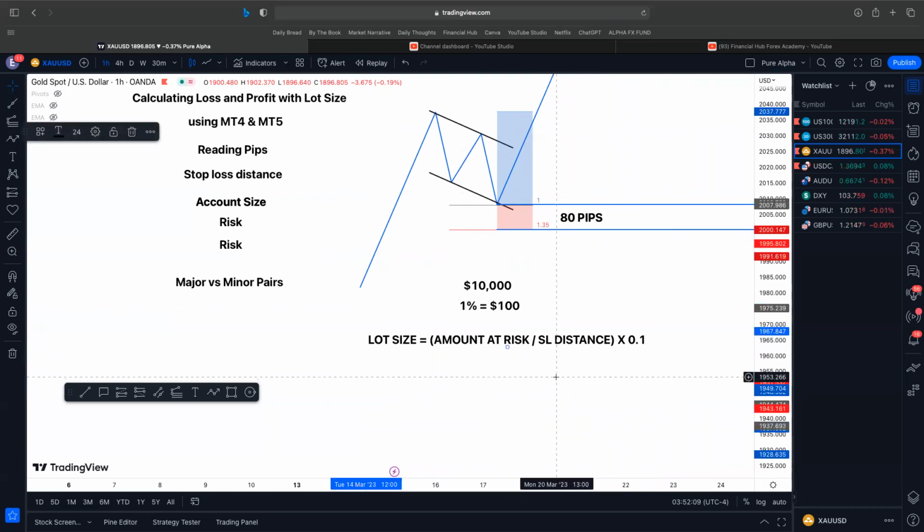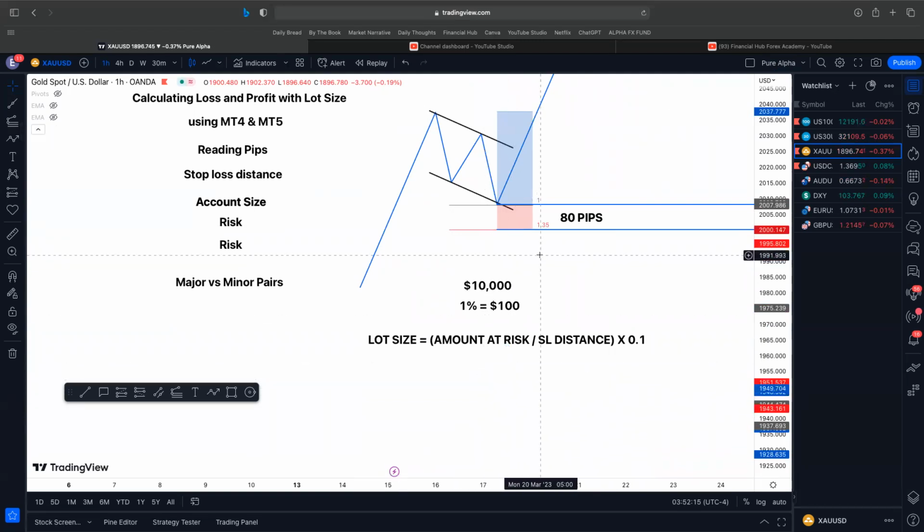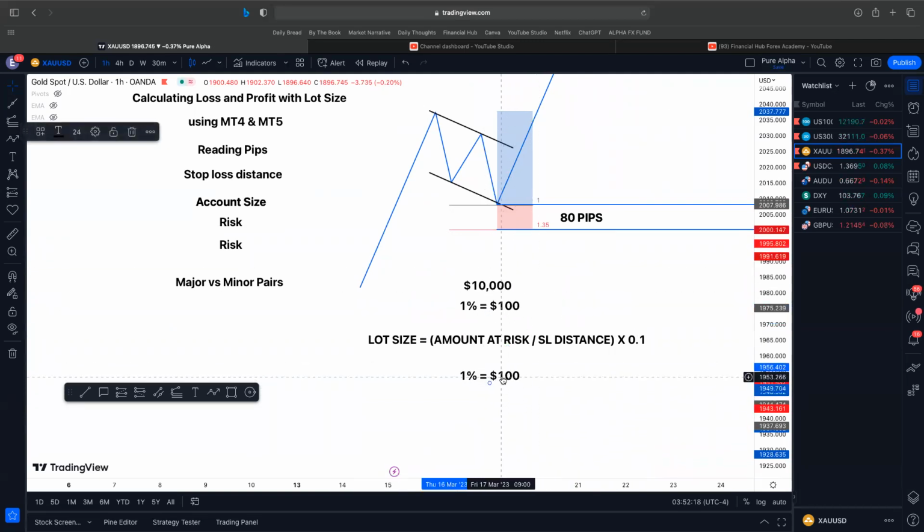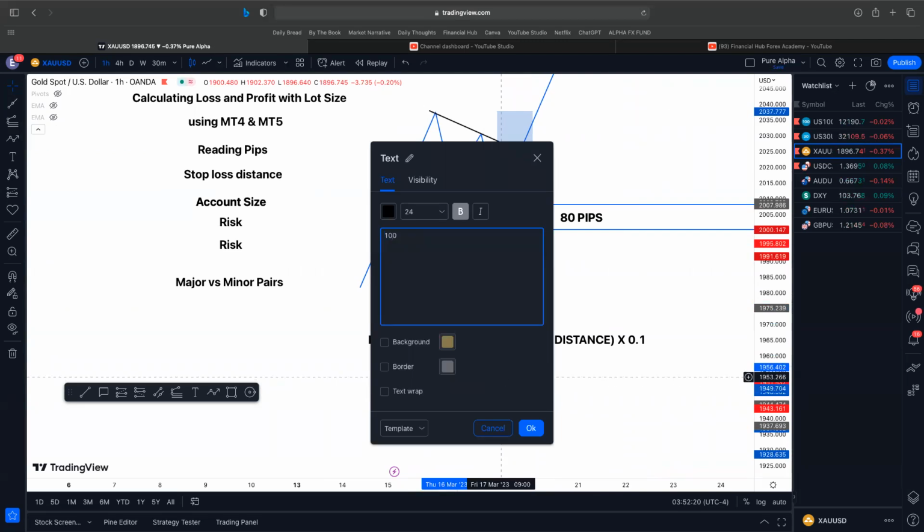In this case, we already have those parameters. We have 100, which is the amount at risk, and we have the stop loss distance. So 100 divided by 80.